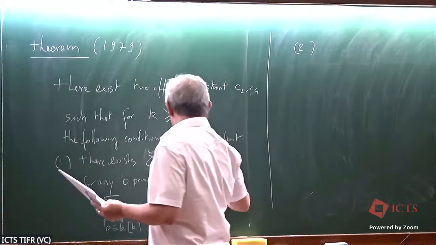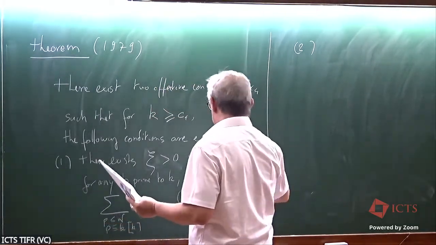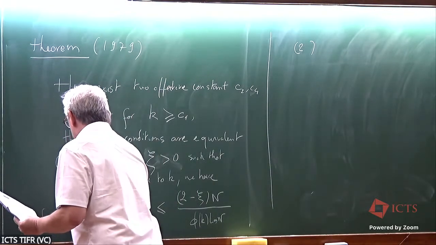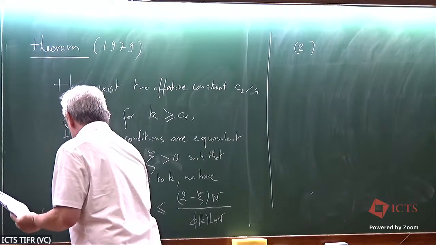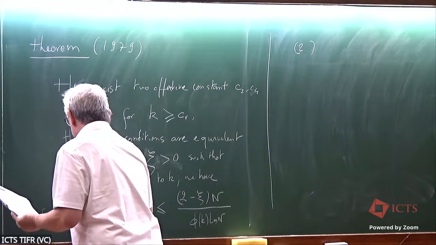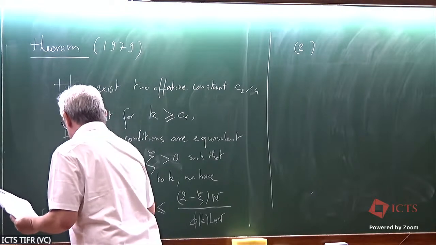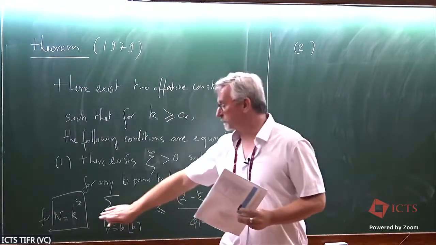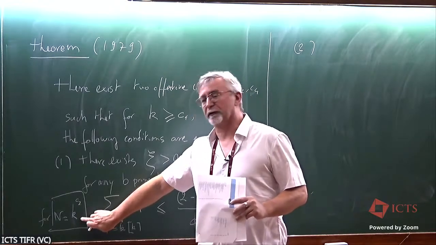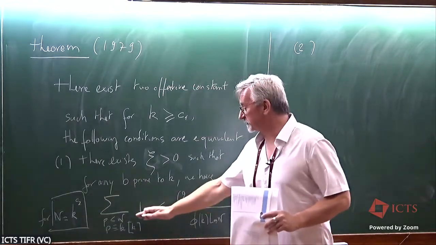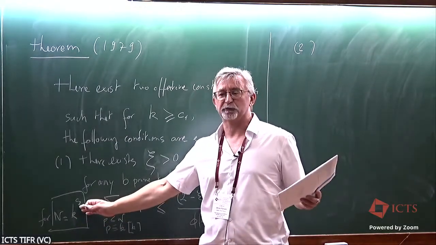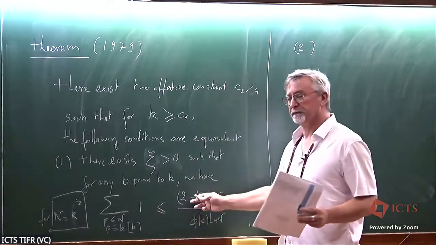Oh, sorry. I forgot my C2. We have for n equal Q K to the C2. Yes, because I wrote the other one. Okay, no big deal. So this one is for a power of K. I'll tell you what happens when it's not. So if you prove it for this very special value, so some power of K, which may be as large as you want, you beat this one.